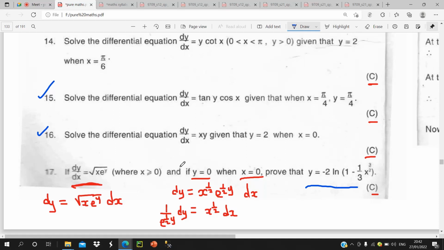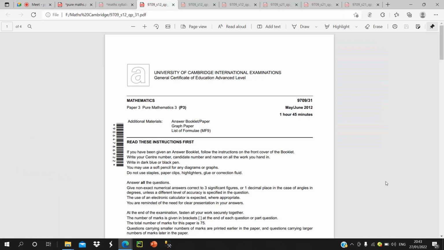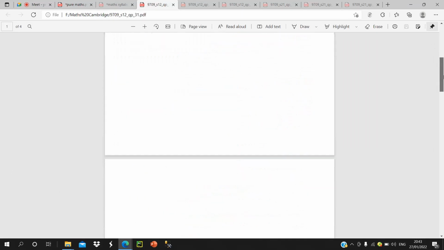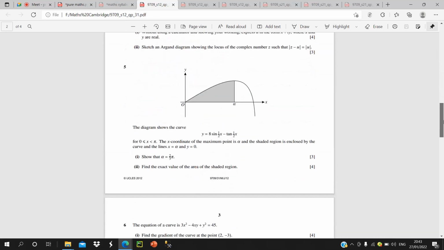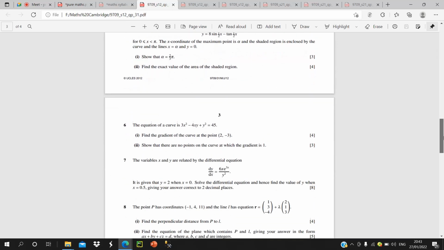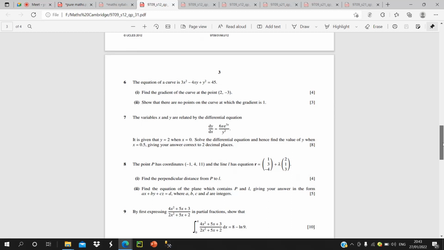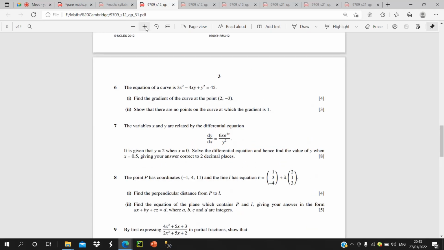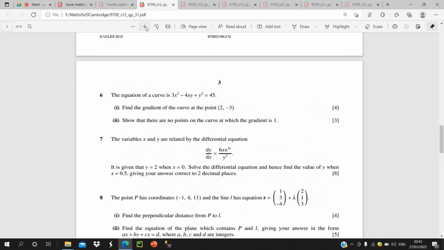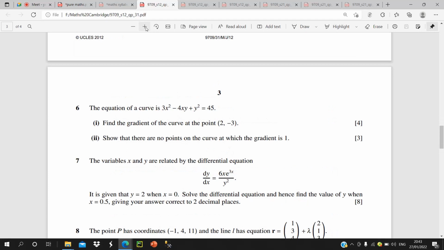Done. Okay, so let me try to search for the papers that I was selecting. Let me try to see on this one. So tomorrow we are supposed to do the formulation. What we have done here is to just solve that given differential equation. So tomorrow we will be formulating those differential equations.